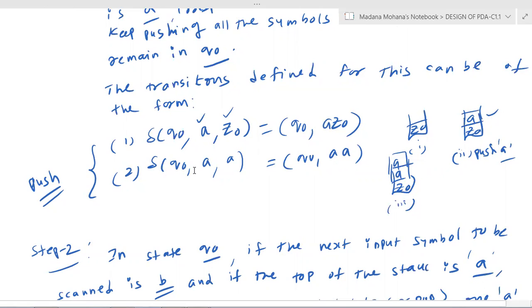Then the second transition, with the same state: if the next input is also A, again you have to push that A onto the stack. Already your stack contains one A, then another A is inserted on top of the stack. Now this is the stack. Without changing state, by using these transitions, you can push any number of A's.